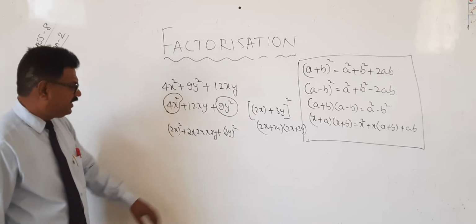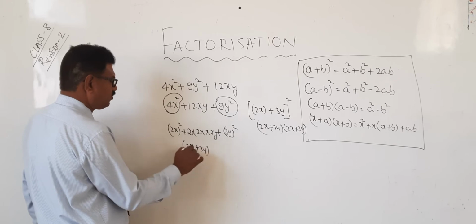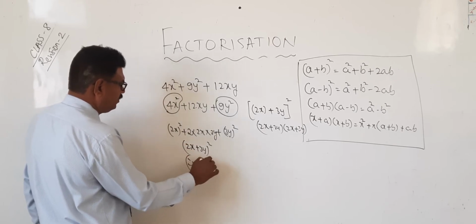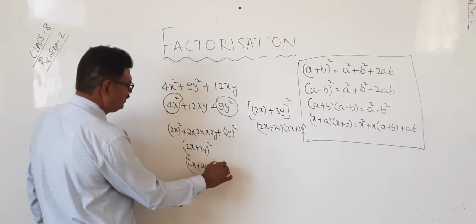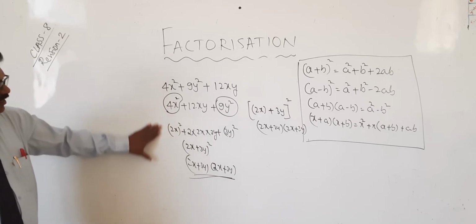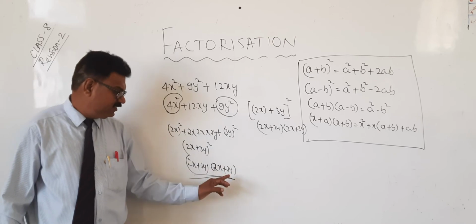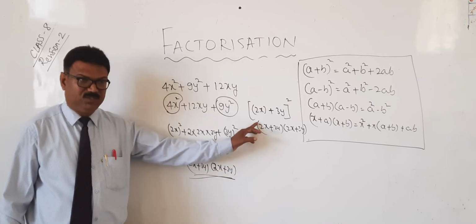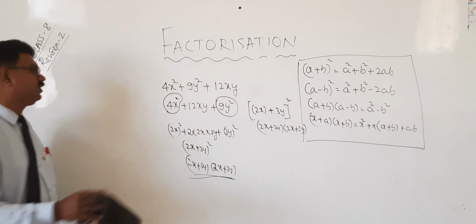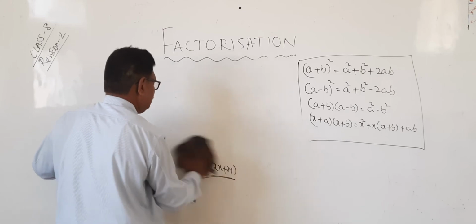So this can be done as 2x plus 3y whole square, or 2x plus 3y into 2x plus 3y. Okay, na? This is for the 2 marks problem and this is for the 1 mark question. The answer will be the same. This depends upon the identities, right? Okay. We will see some more, then you will understand.